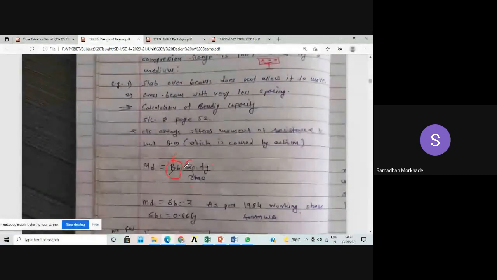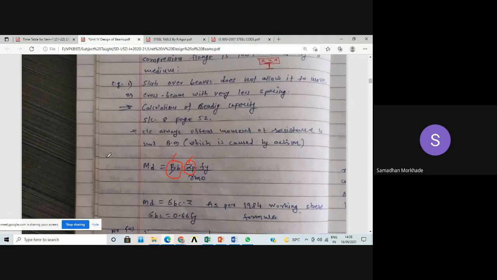ZP, plastic section modulus. Now see, it is a limit state theory. Up till now, for the section modulus you simply called it Z, but that Z was the elastic section modulus only. Now you have studied plastic theory also, so there will be clear notations.